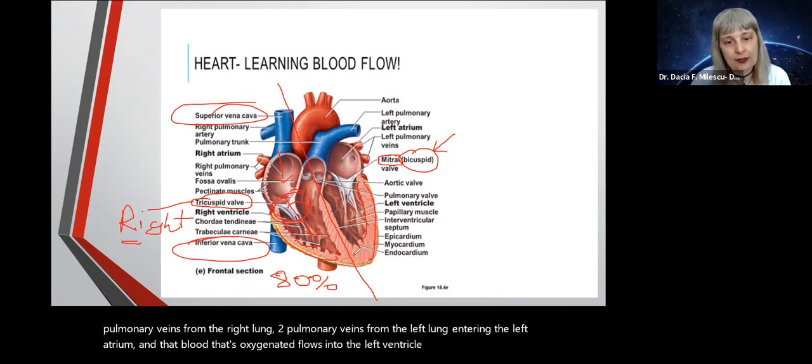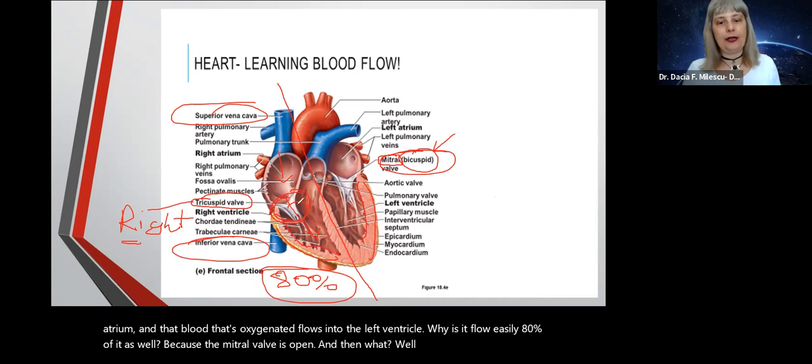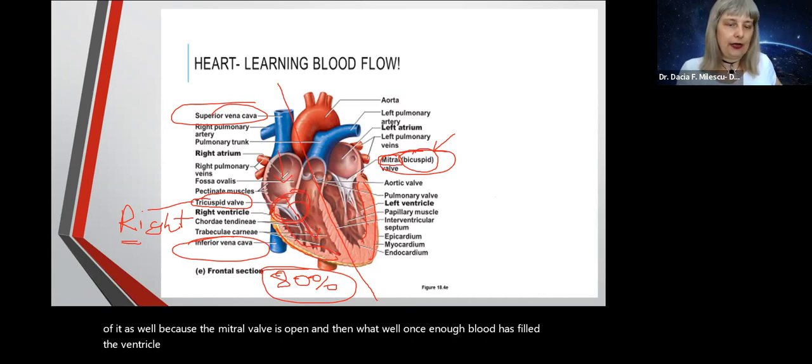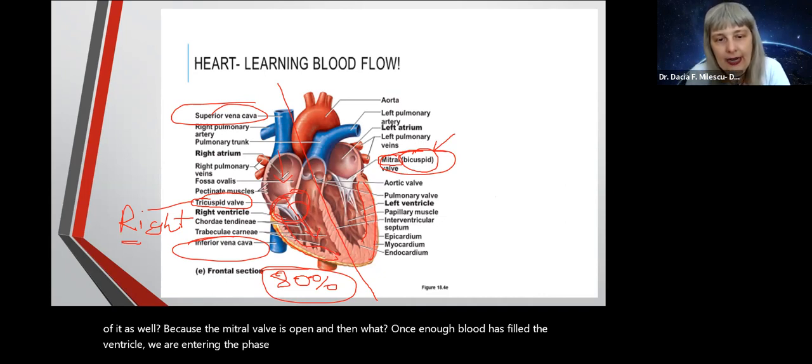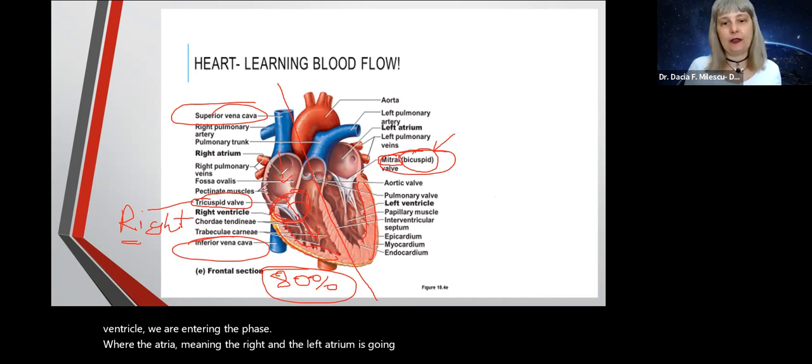Why does it flow easily, 80% of it as well? Because the mitral valve is open. And then what? Well, once enough blood has filled the ventricle, we are entering the phase where the atria, meaning the right and the left atrium, are going to go into the cycle of contraction.